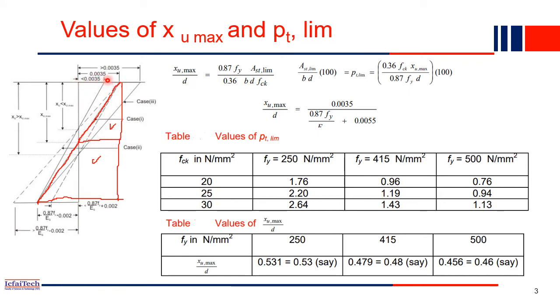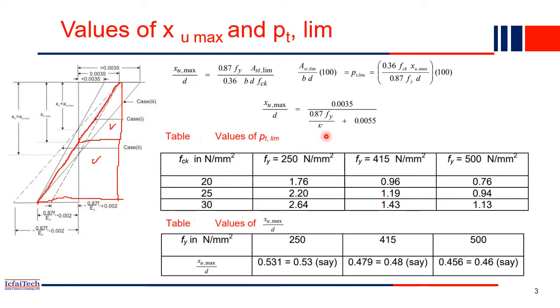This is 0.0035. That's why 0.0035 by total length. So the total length is how much? From here to here it is 0.002 plus this, and from here to here is 0.0035. So the total is 0.0035 plus 0.002 plus this one.